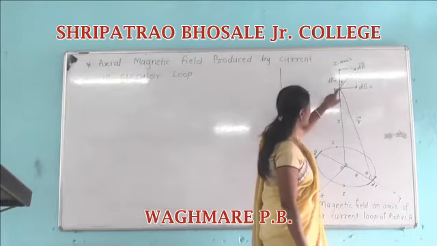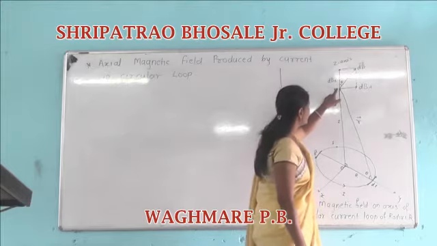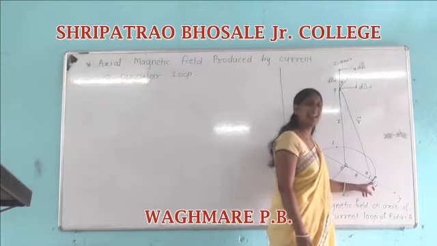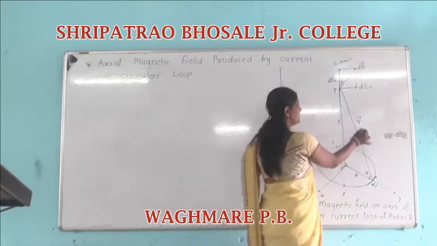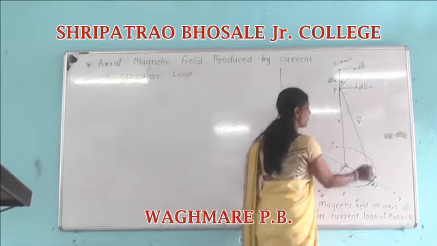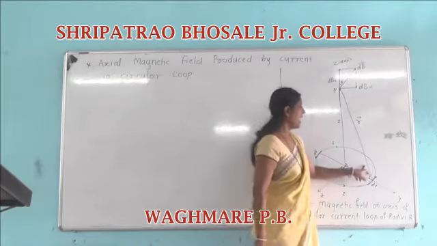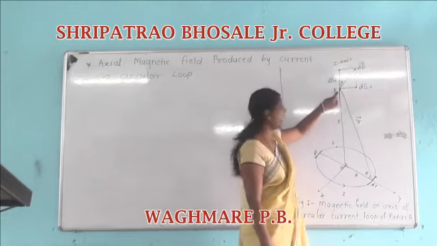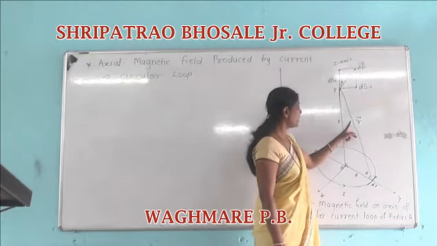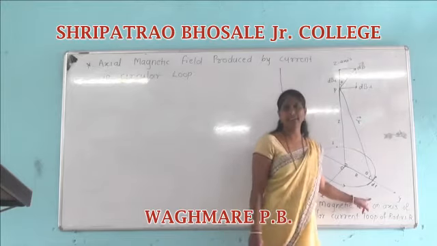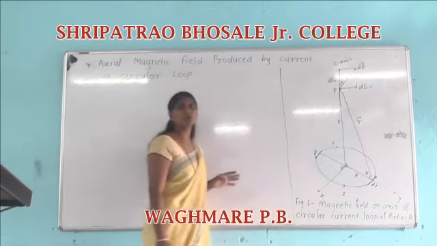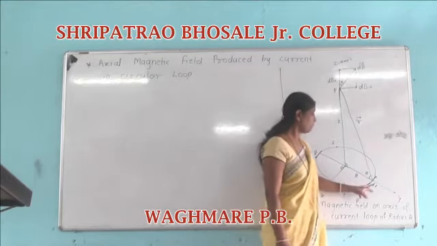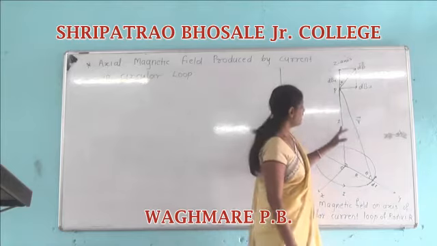Here r is the distance of point P from the small element dl, and the magnetic field produced at point P is perpendicular to r and dl.